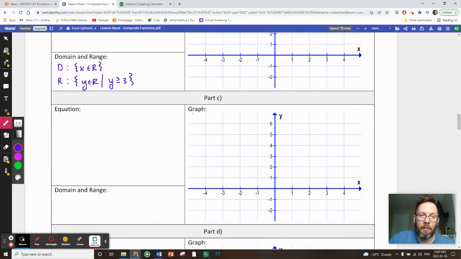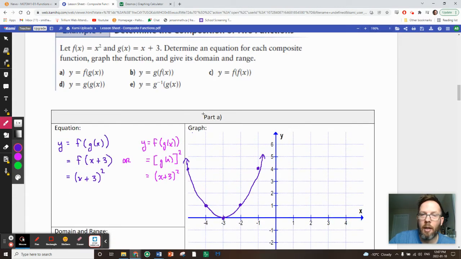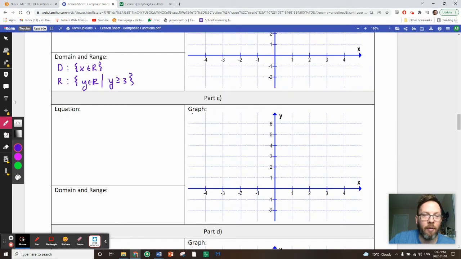Let's get some more practice, and maybe if you feel like it, you can pause the video and try one of these on your own. For part C, we're doing f of f of x. That's pretty fun. So we're taking the function f, and wherever we see an x, we're going to actually put in the function f.